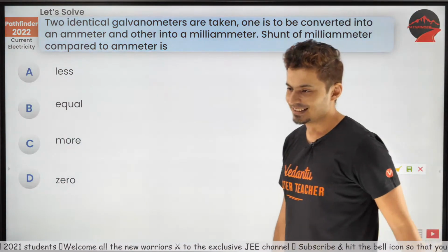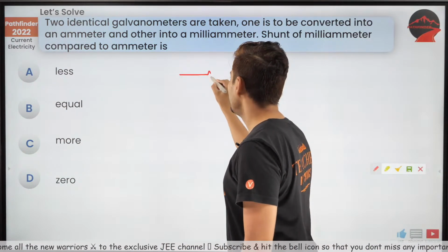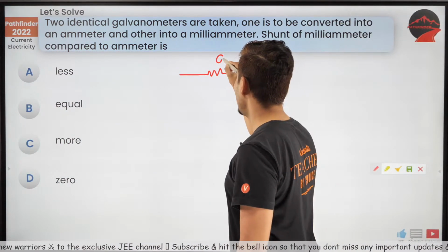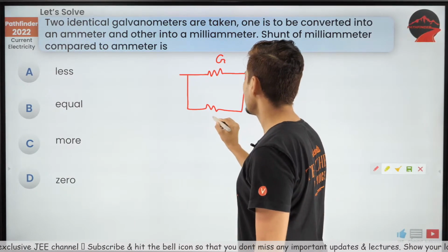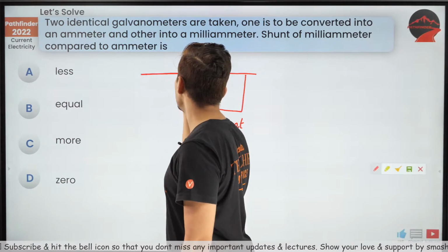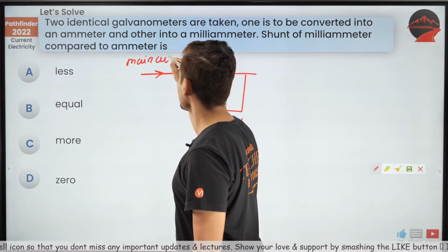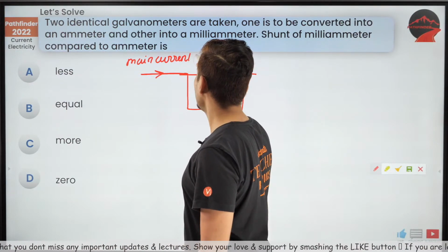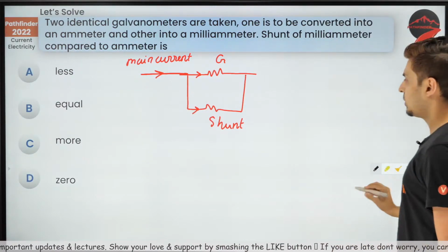Okay, let's see this. When you have a galvanometer and a shunt, this is your galvanometer, this is your shunt, and this is your main current which comes in and it gets distributed, of course, in both these parts. So think about it.